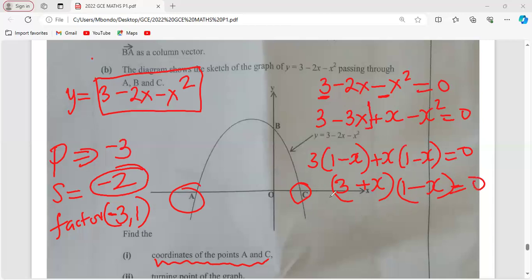Once we have done this, we need to equate each of these factors to 0. So we have 3 plus x equals 0, or 1 minus x equals 0.